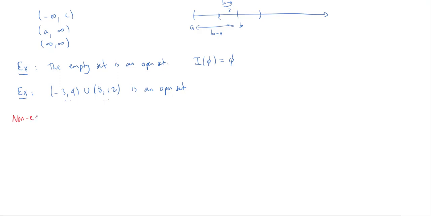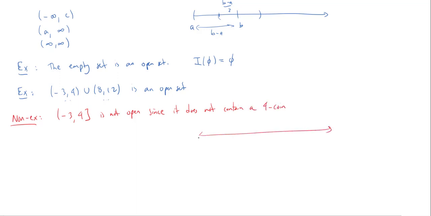Now, how about a non-example? Let's say I take the half open interval (-3, 4], closing it off on the right-hand side, so 4 is included. So this is not open, and it's not open because of this 4 being included, since it does not contain a 4 coin. All right, if I draw the picture here, I have -3, I have 4.